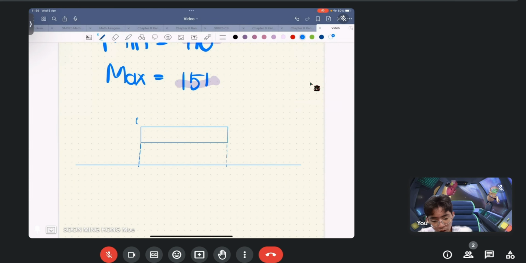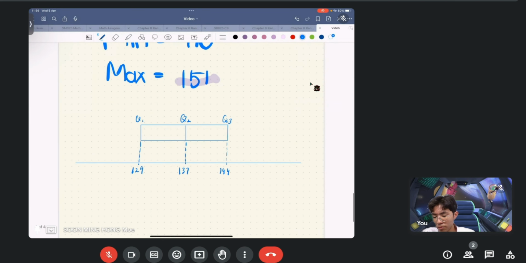Okay, this is our Q1 and Q3. So Q1 is 129 and Q3 is 144. Okay, now we can draw our Q2, that's median. Median is 137 and we write here Q2.